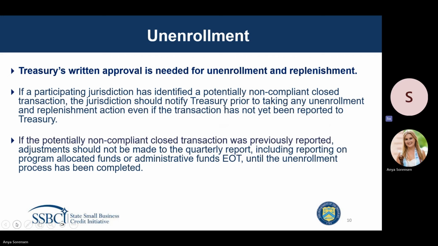If a jurisdiction identifies a potential non-compliant use of funds, the jurisdiction should notify Treasury prior to taking any unenrollment and replenishment action, even if the transaction has not been reported to Treasury. Treasury's written approval is needed to unenroll a closed transaction.